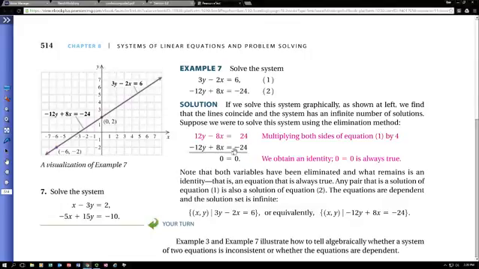So when we end up with no variables left, and it actually is a true equation where 0 is equal to 0, it means it doesn't matter what values you put in for the ordered pairs, making sure that you have that relationship maintained.